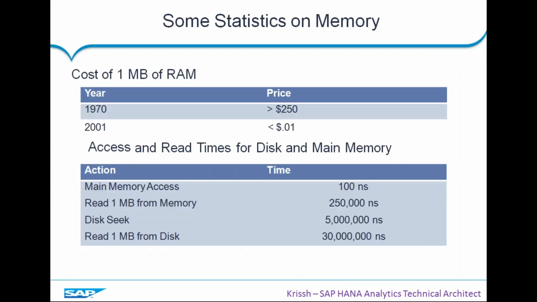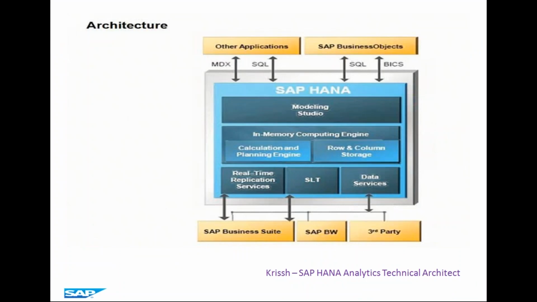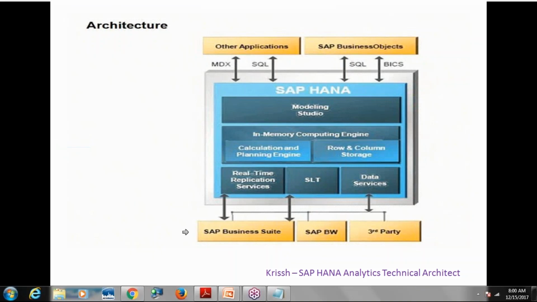Should have done the major things of basics as part of that. When you look at the detailed architecture of SAP HANA, we have different sources: SAP Business Suite, SAP BW.